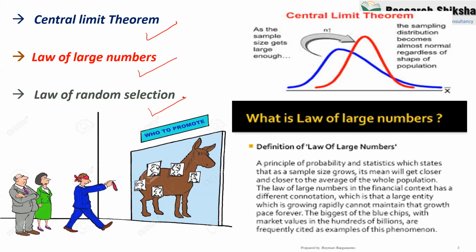This is the law of random selection, which says that if you pick the samples randomly, you will get more accurate results than if you take the samples non-randomly. So the higher the randomness in the selection, the more accurate results you will get. So there are three laws which are very helpful in designing the results of your study.